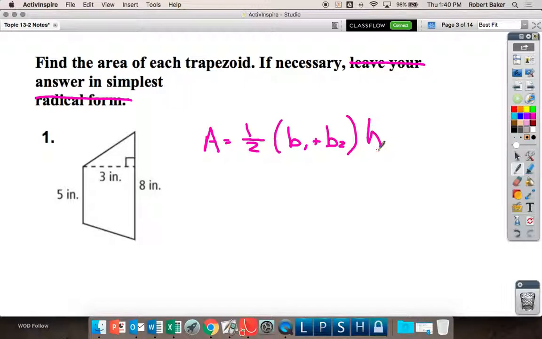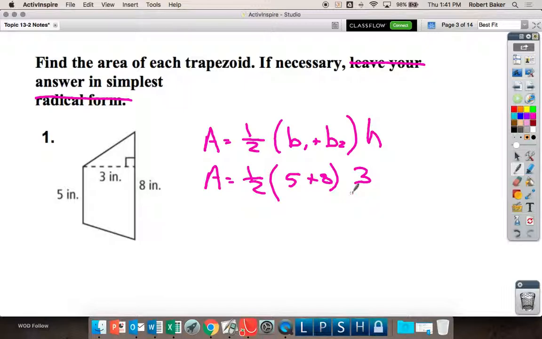Do we have everything that we need? Yes. Okay, so let's fill out our formula. The length of base 1, 5, plus 8, times 3. So you would type that in your calculator and you would get an answer.